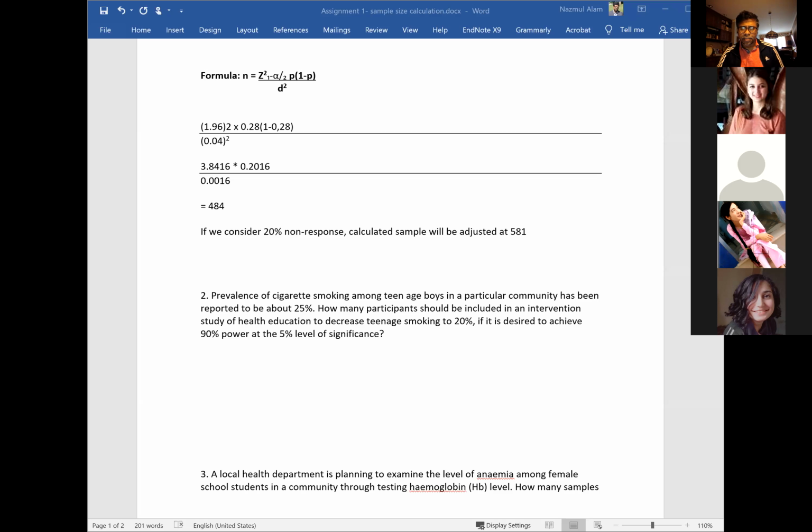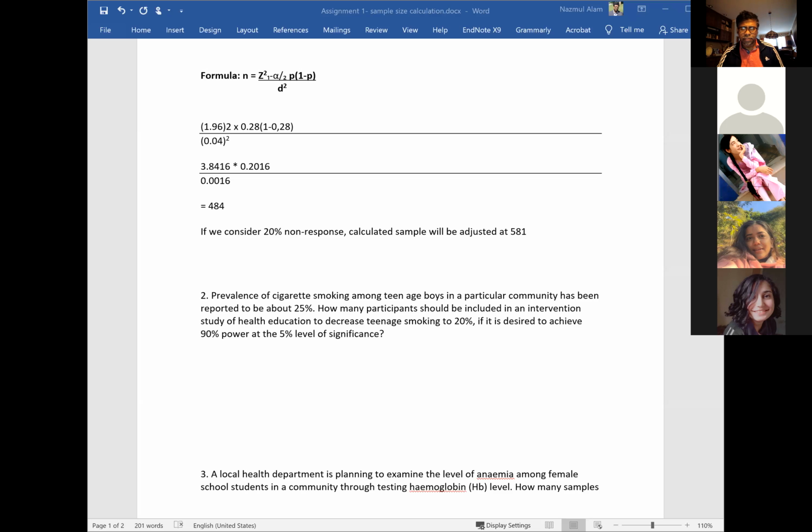Yes, Professor, I'm doing it. Okay, good. Pooja Khanal, are you here? Yes, Professor, I'm searching for the formula. Sadia Islam, how about you? Sadia, no response.